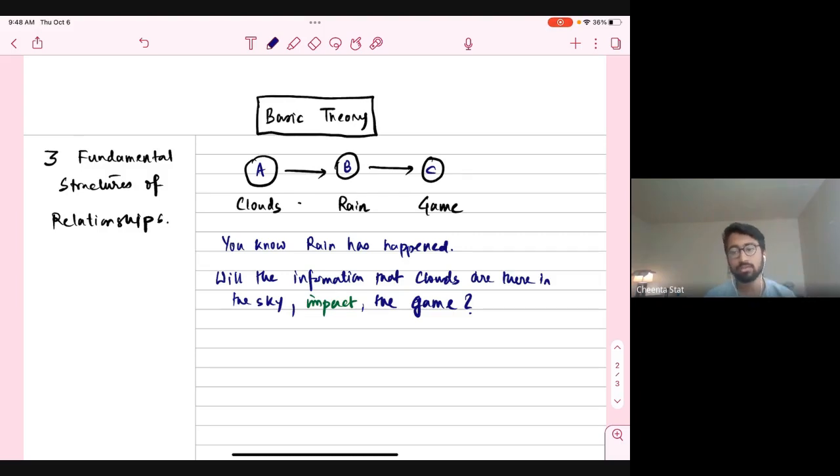So the question is that you know the rain is falling, okay? Will the information that the clouds are still there affect the game status? The rain is falling, the game is already cancelled. Will it add any extra information to the game status? This is the question.